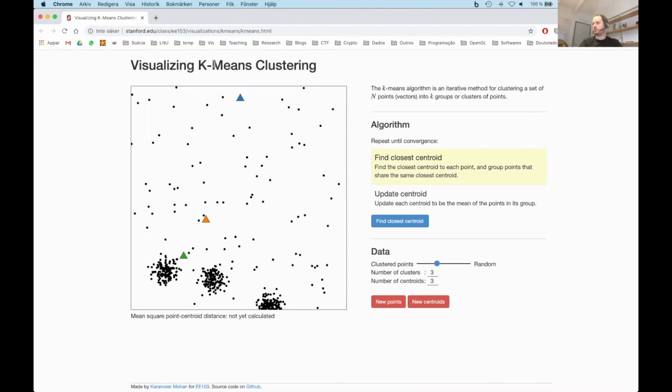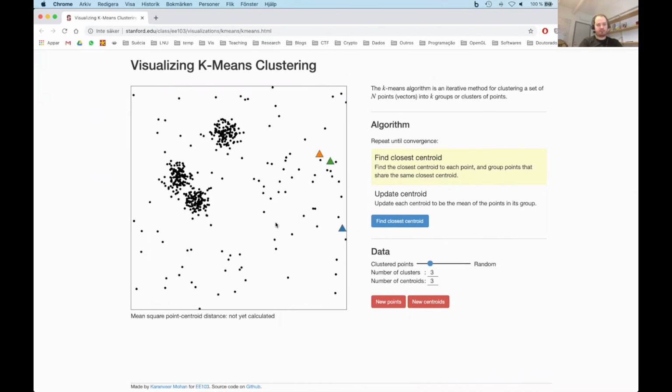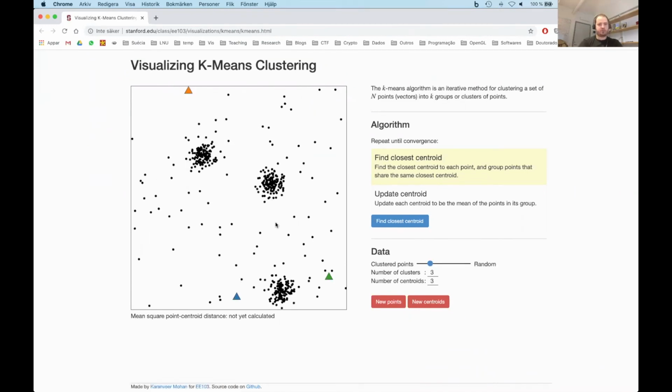Yeah, okay. So this is a simulation of K-means clustering. As you can see, this is an artificial data set where you have clearly 3 clusters. Actually, I'm going to just refresh this. Yeah, okay, let's go with this one.